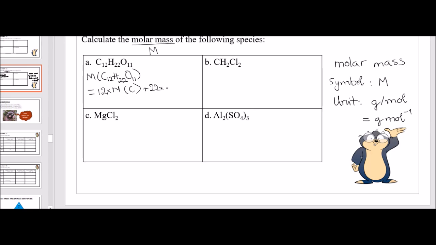So there is a massive difference between the two. Besides the fact that I don't have any room, I'm going to cheat a little bit by putting an M here and then a bracket so I can have one more line. The only way to distinguish between the molar mass of something and the relative atomic mass is that one has a unit and the other doesn't.